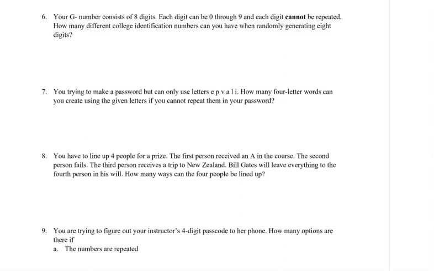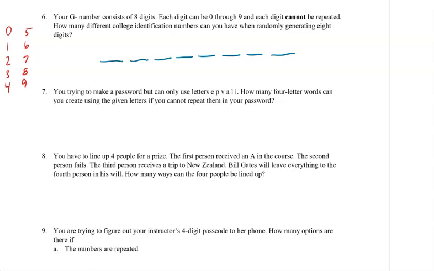Okay, so like before, we are still going to have 8 spots. And again, we can use the numbers 0 through 9. So I'm going to write 0, 1, 2, 3, 4, 5, 6, 7, 8, 9 off to the side.